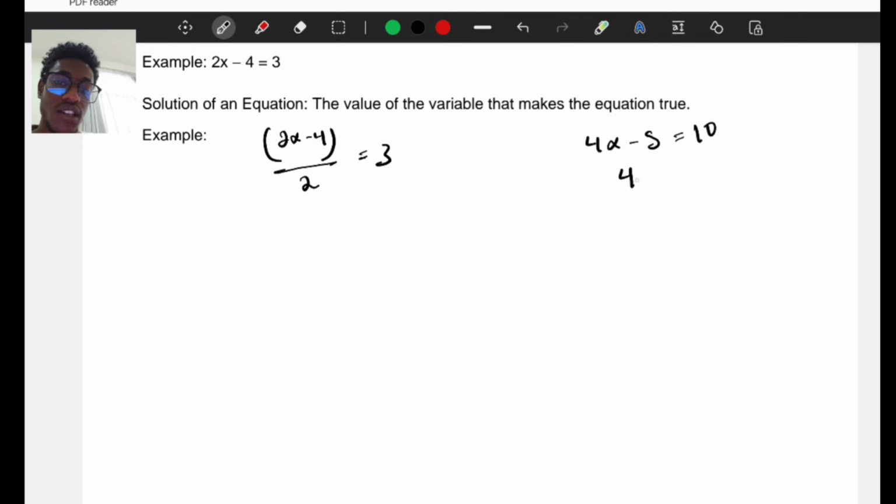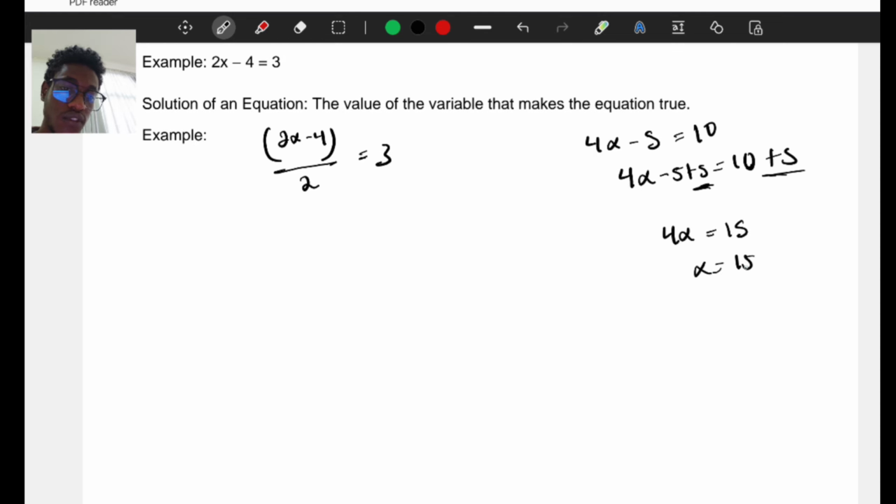You can solve it by making 4x minus 5 plus 5 is equal to 10 plus 5. I have to cancel this minus, so I added 5 to both sides. To get that, 4x is equal to 15, which is x is equal to 15 over 4. So if I replace x with 15 over 4, I will get the value equal to 10, right? That's what the solution means.